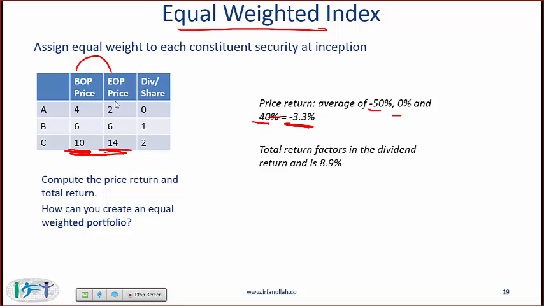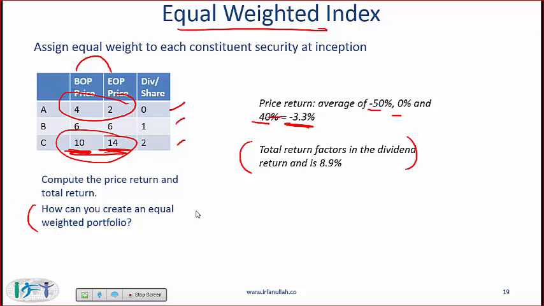Here, since we are taking equal weights, stock A is just as important as stock C, and stock A is actually going down by 50%. So the key point is that the weighting system is extremely important. When you calculate the total return, you have to include the dividend return and take the average because we are doing equal weighting.